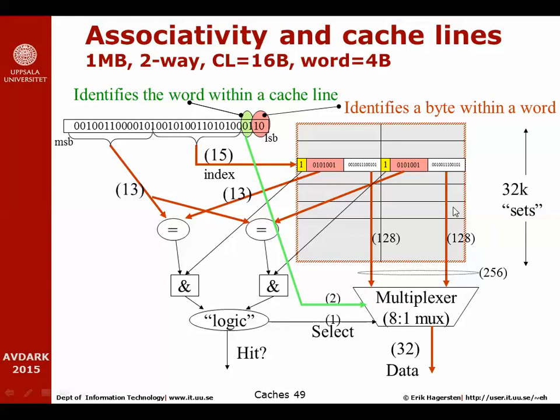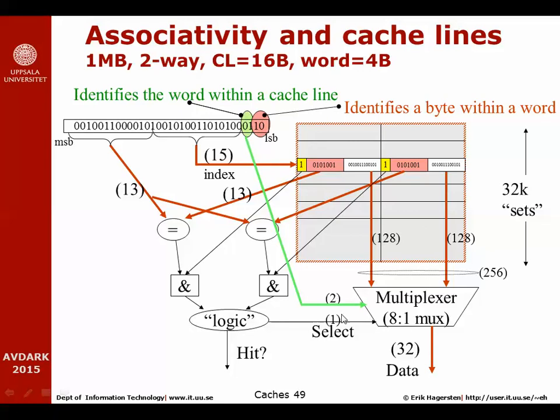That means that we have to do some 4-way multiplexing of the data that comes out, and we also have to do two-way multiplexing to choose lefty or righty. So this is how it works. We're going to have one select signal coming from the logic here that compares both the address tags, and that's going to give you part of the information, and two of the select signals are going to come from these address bits that uniquely identify a word within a cache line.